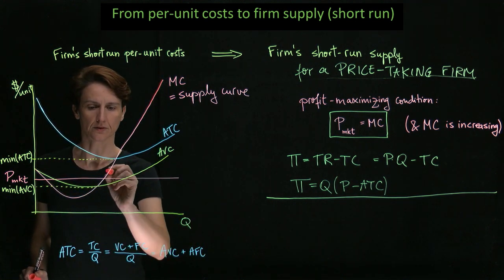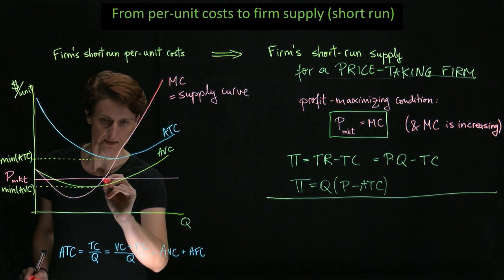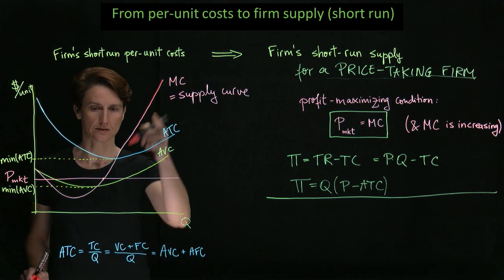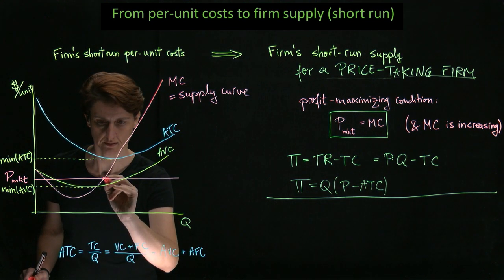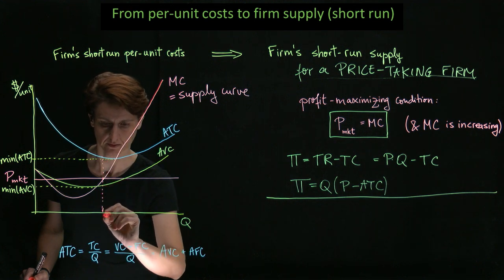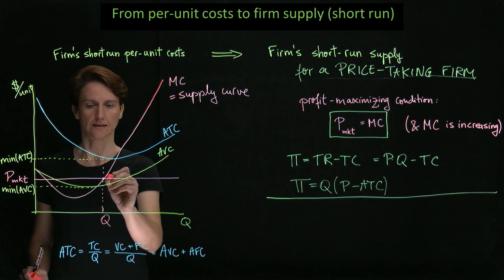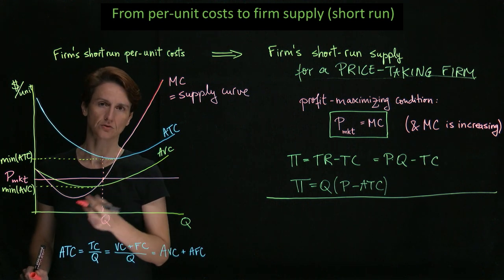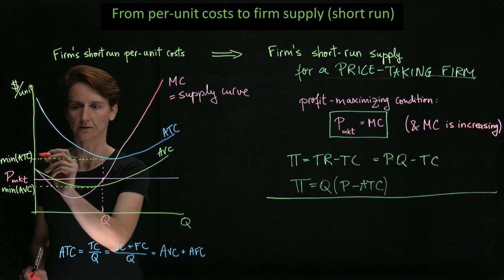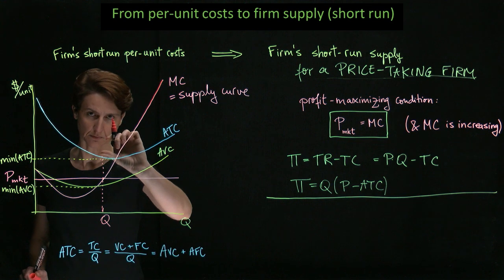The firm will produce an output level dictated by this intersection of price and marginal cost. And at this level of output, average total cost takes a certain value. It's above the minimum value.